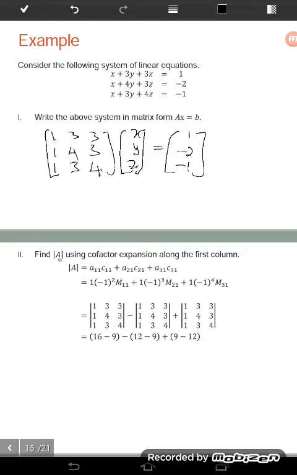And then find the determinant of A using cofactor expansion along the first column. So they want us to use the first column. In the first column we have 1, 1, 1. So we have 1 times its cofactor.